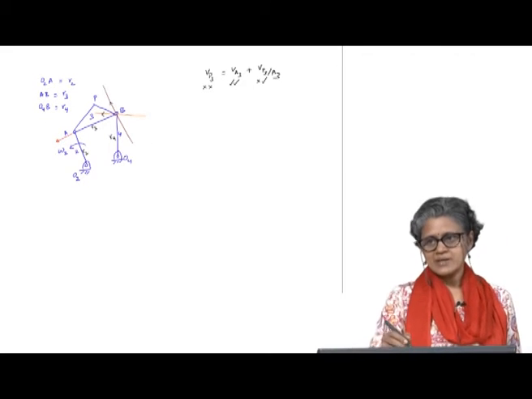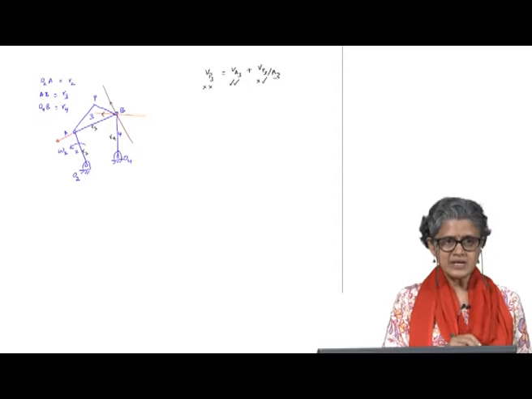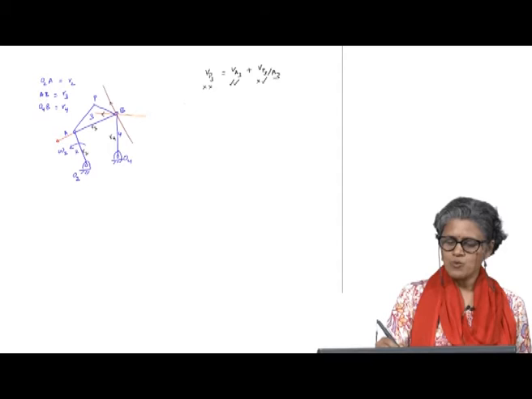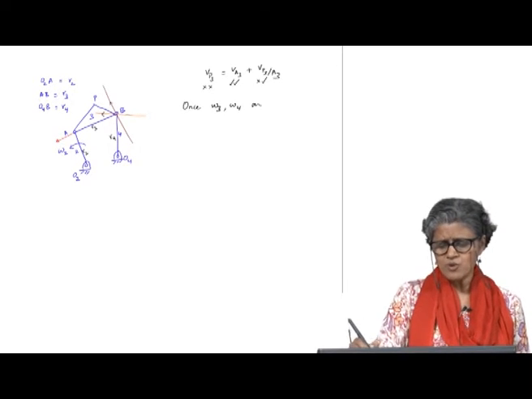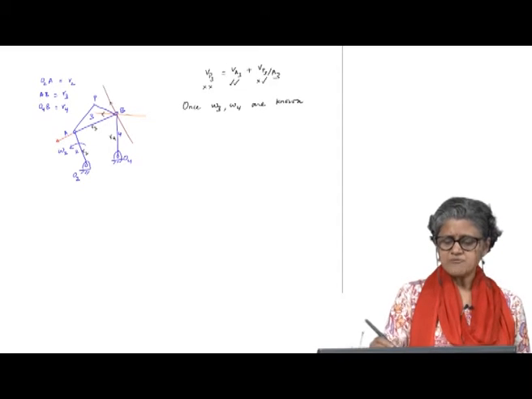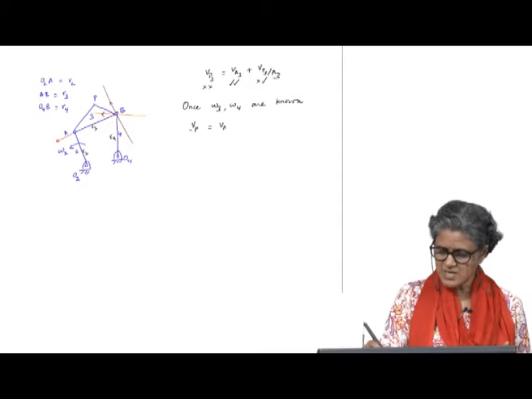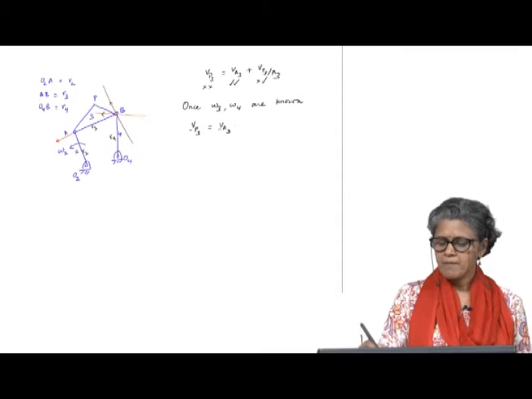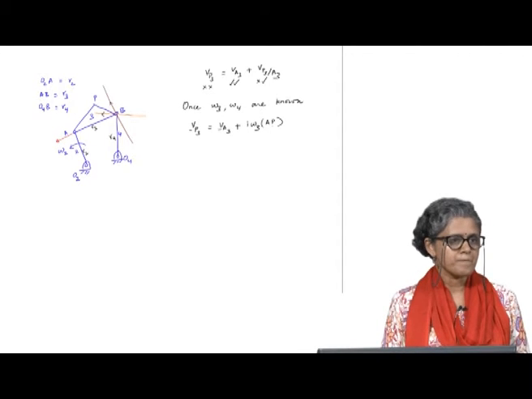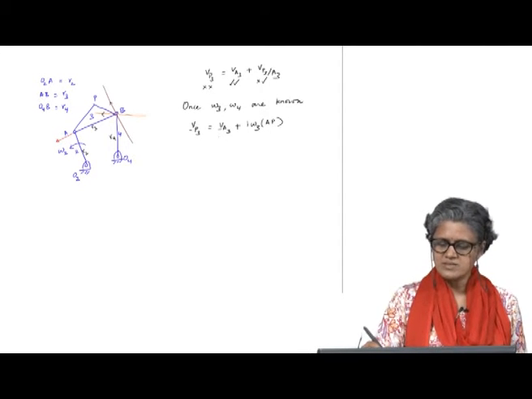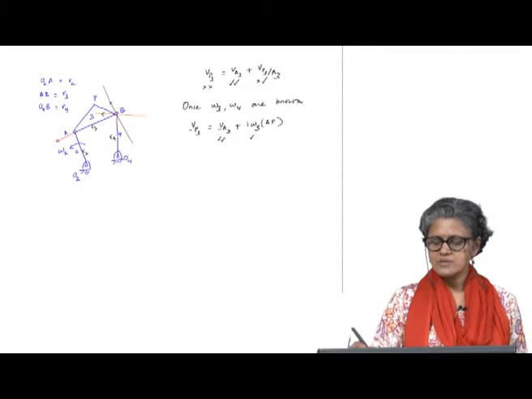You can't do that directly, but once omega 3 and omega 4 are known, then it is easy for me to find the velocity of P, because I just use the same equation plus i omega 3 into AP. That is it. So, I know this completely, I know this completely.